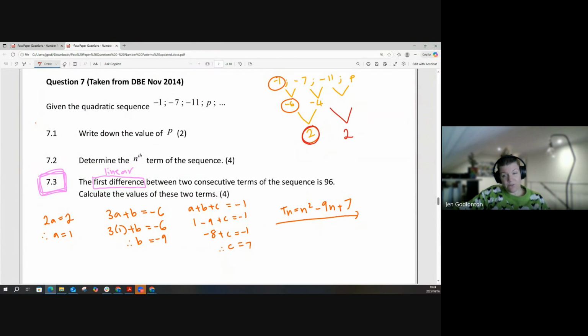So negative 4 plus 2 is going to give me negative 2. Now I know what the difference is between them. So if I think about these terms, I know that P minus negative 11 needs to give me negative 2, which means P plus 11 needs to give me negative 2, which means P needs to equal negative 13. Did that help?